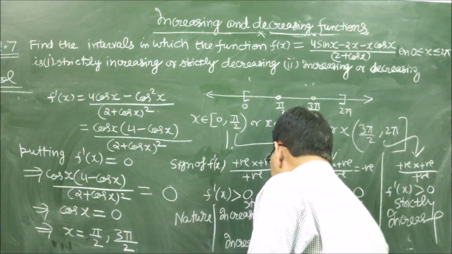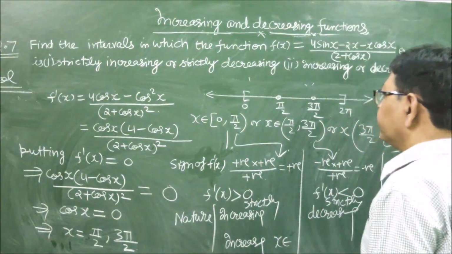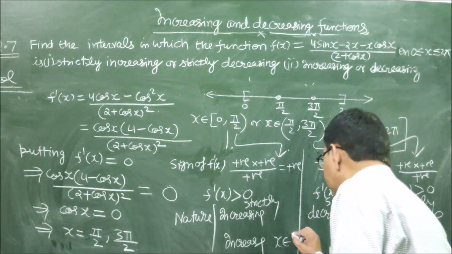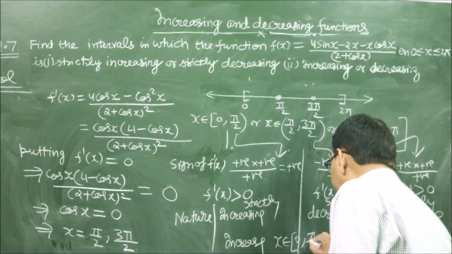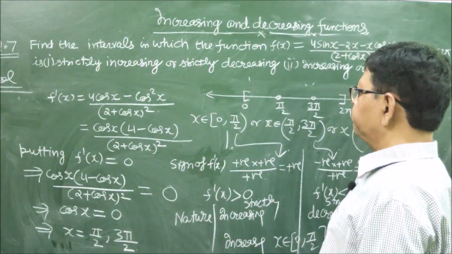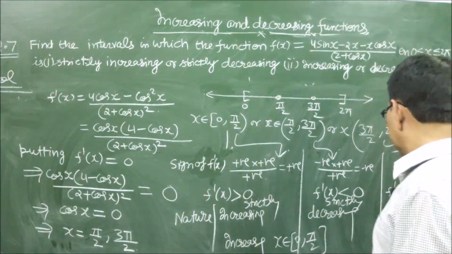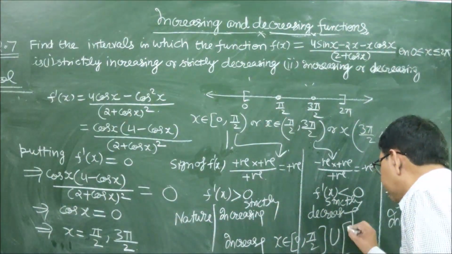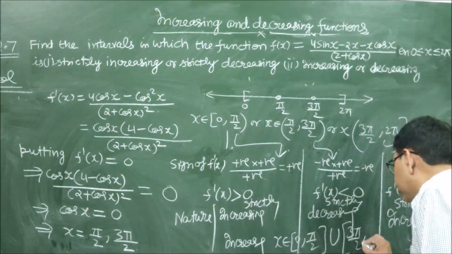So for the increasing function, not strictly increasing, x belongs to the closed interval 0 to pi by 2, where the critical point will be included, union the closed interval 3 pi by 2 to 2 pi.